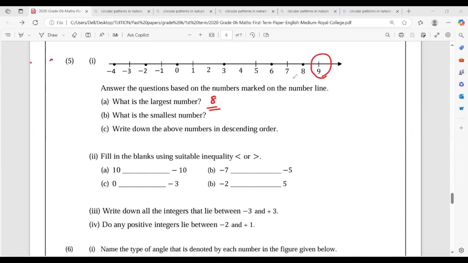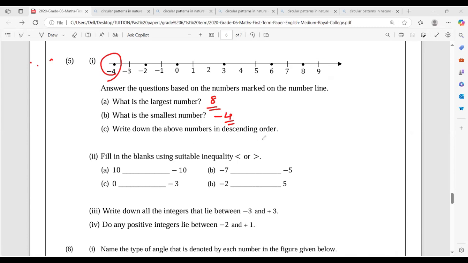Otherwise the largest number that is here is 9, but the numbers that have been marked, the largest is 8, right? So what is the smallest number? Here the smallest number that has been marked is -4.